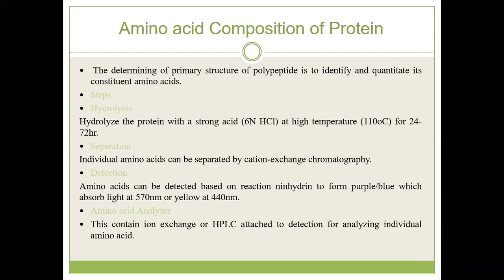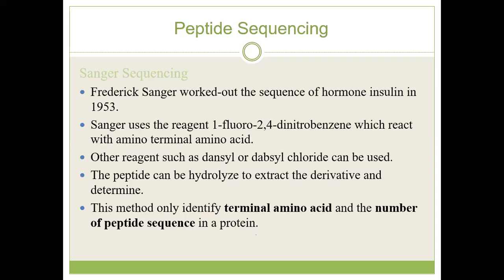And it will tell you that this protein contains so many amino acids, including this amino acid, this, and that. But remember, it will not tell you which one is the first amino acid, which one is the second, which one is the third, which one is the last, from the N terminal to the C terminal. How are they arranged? That it will not tell you. You have to do what we call peptide sequencing.